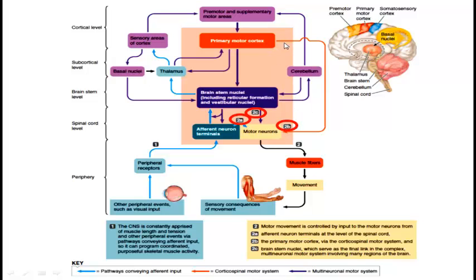For example, they receive information from the primary motor cortex, from brainstem nuclei, and from afferent neuron terminals. So this is a site of convergence of information, and in turn a site of integration and processing of this information to give the proper order to the muscle fiber.